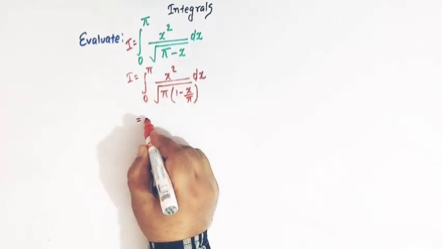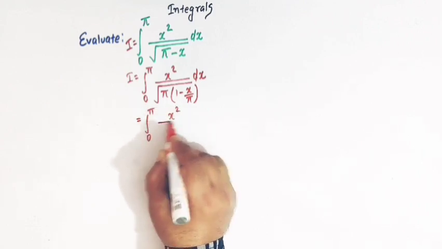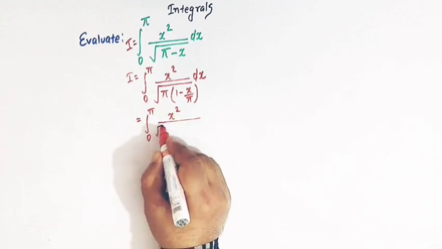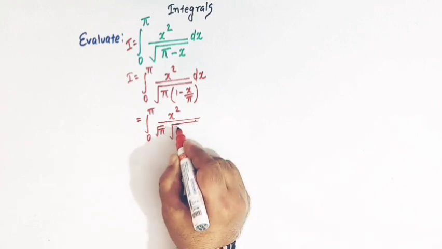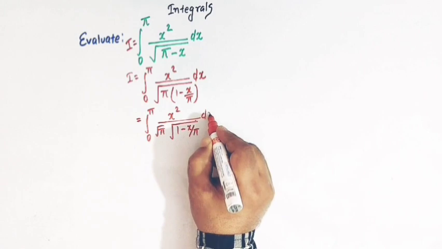So now we can write it as 0 to pi. Here we have x square, and we can take square root of pi like this, and then we have square root of 1 minus x over pi, right?